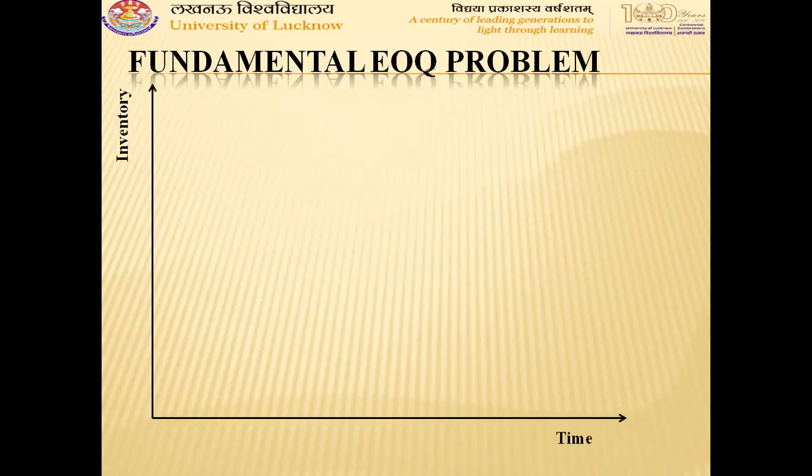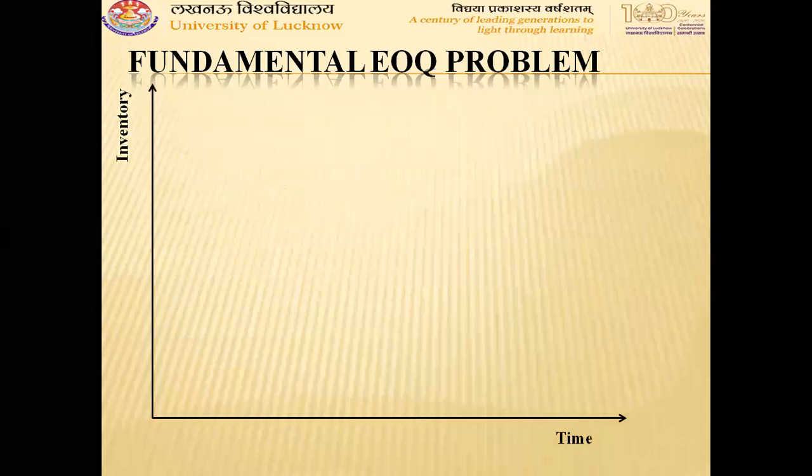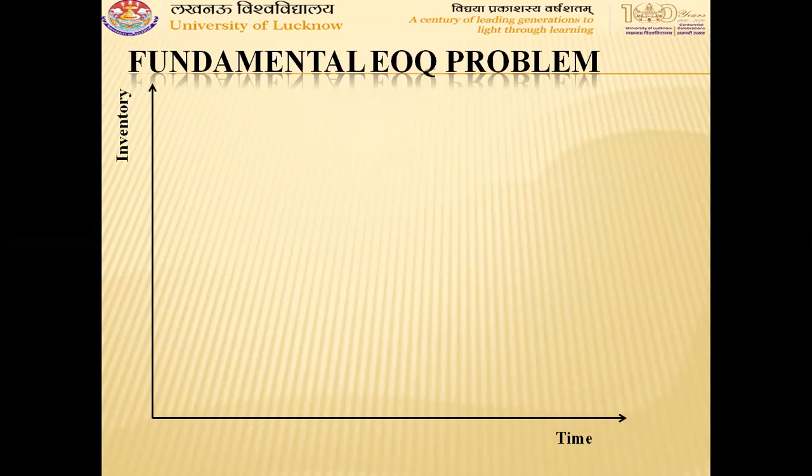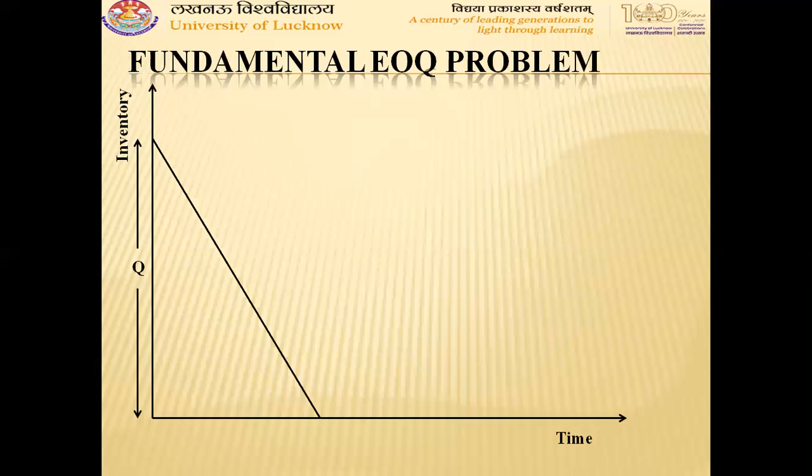The fundamental EOQ problem can be explained with the help of the following graph also. Here there are two axes. On the horizontal axis I have taken the time and on the vertical axis I have taken the inventory, or you can say the quantity that is ordered. At first, Q units will be ordered, then with time it will be sold and start decreasing.